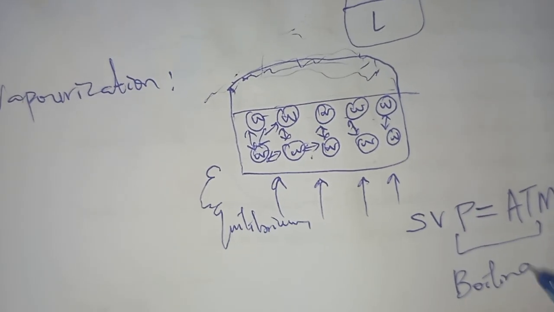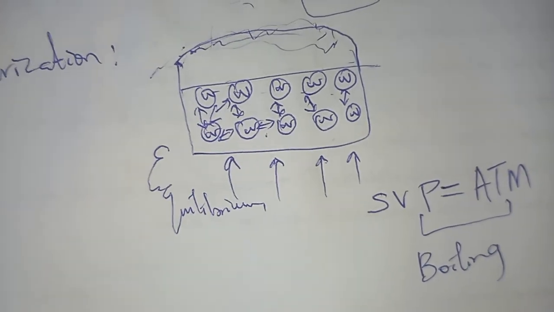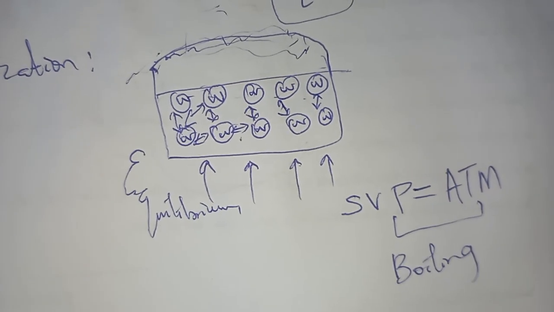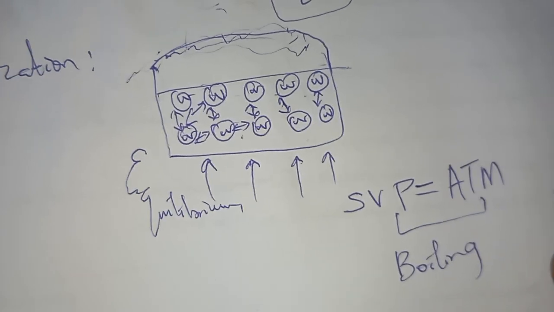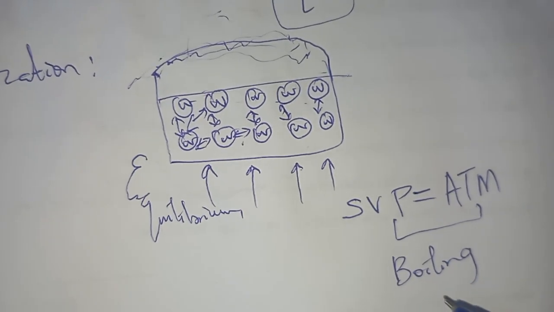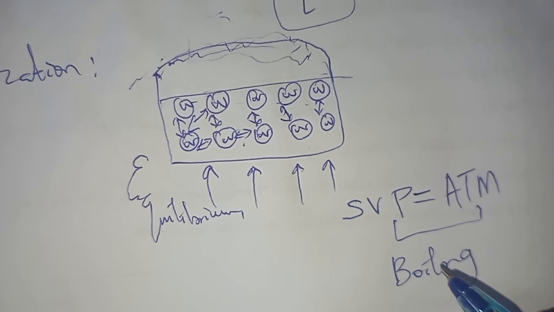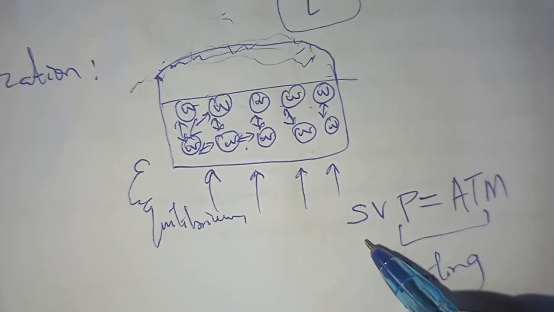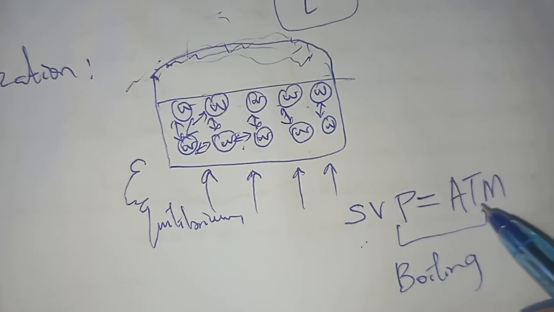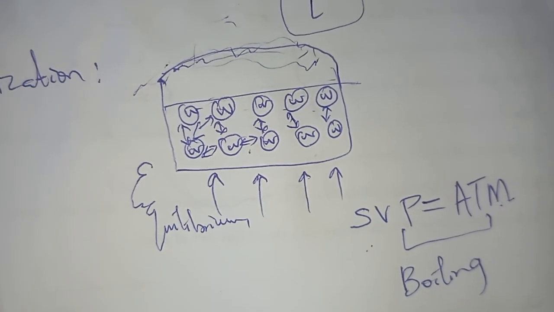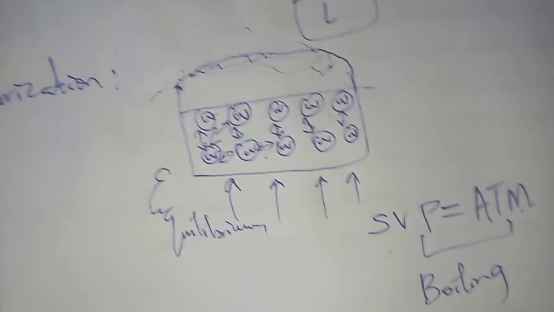So we say that boiling point is that temperature, because all these things are happening at a temperature, notice that heat is applied now, where saturated vapor pressure is equal to atmospheric pressure.